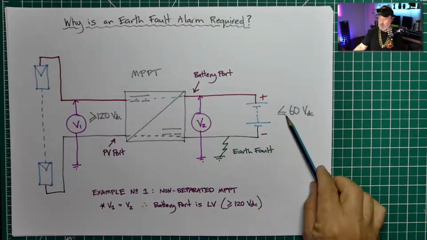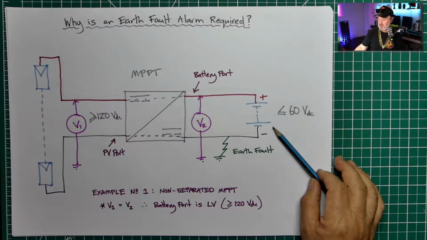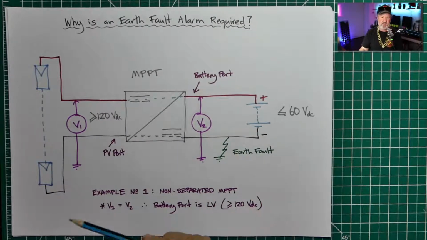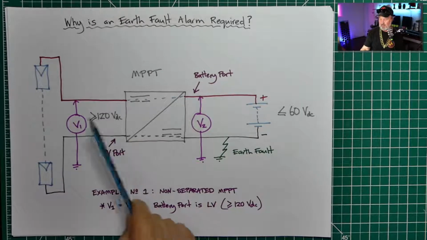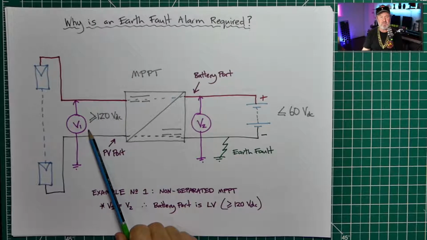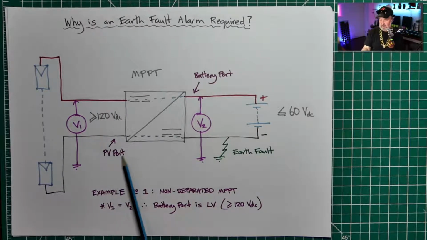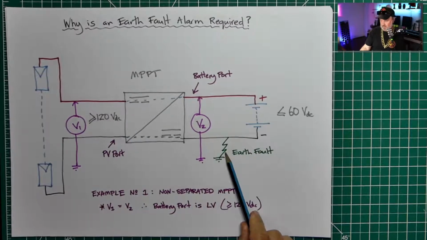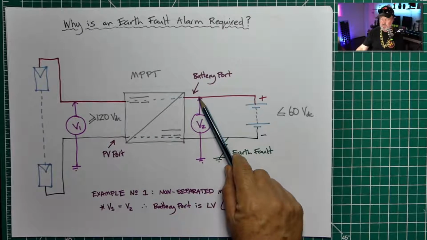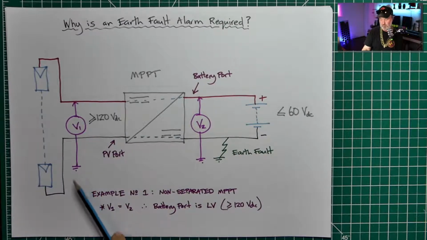So we might think we're below 60 volts, so it's got a lower protection requirement. But because we don't have that galvanic separation between the array, and in this case the array is operating at LV, it's operating above 120 volts, at over 120 volts we've now got the possibility that if there was an earth fault here, the voltage measured on the battery positive to earth or the PV array positive to earth is the same because there is no galvanic separation.